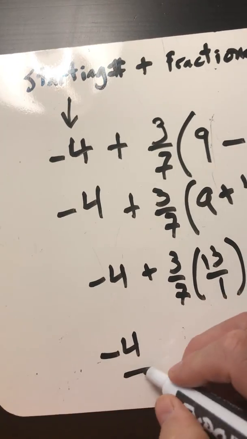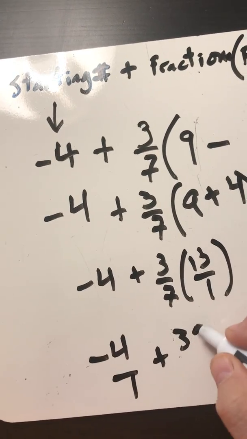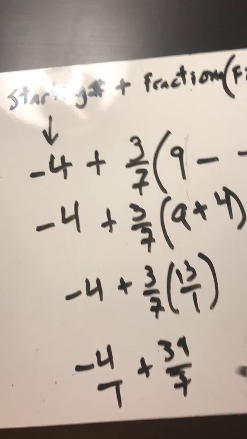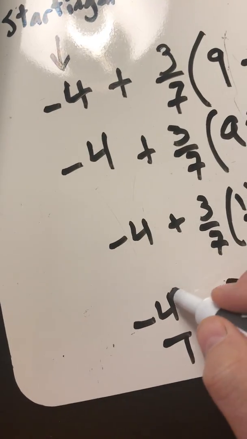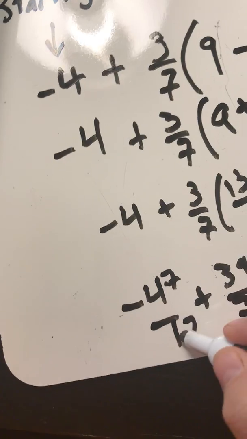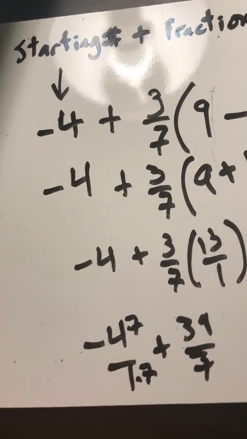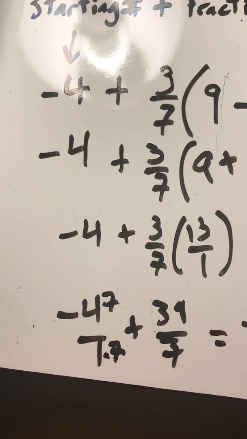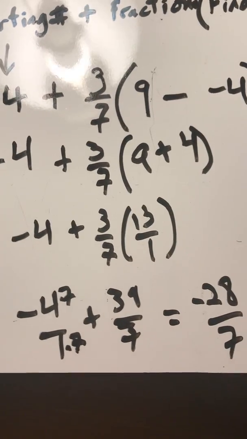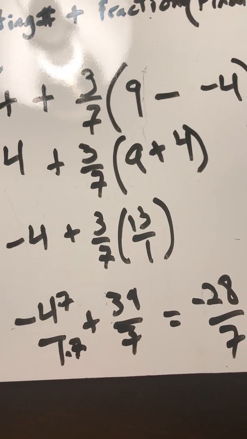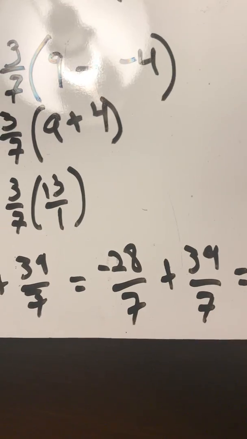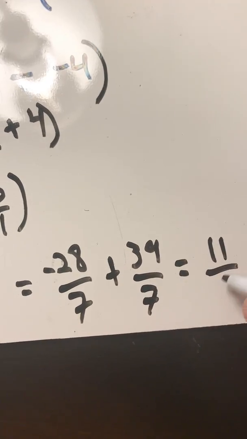which is -4 over 1 plus 39 over 7. Let's get a common denominator of 7. So that's -28 over 7 plus 39 over 7, which is 11 over 7.